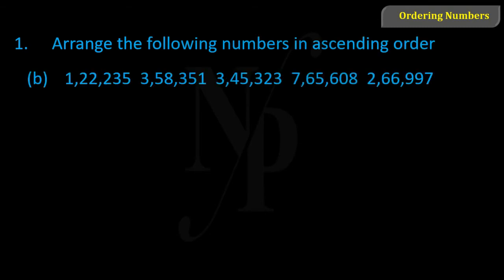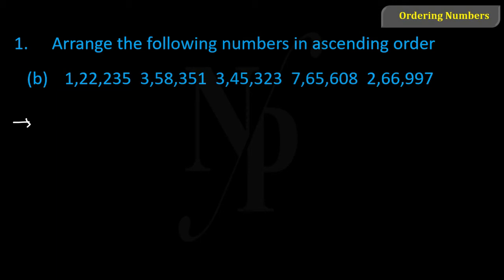Let us take one more example. In B, similarly as in the previous example, we compare the given numbers by looking at the digits at the highest place. Here we have 1, in the second number 3, in the third number also 3, in the fourth number 7, and in the fifth number 2.